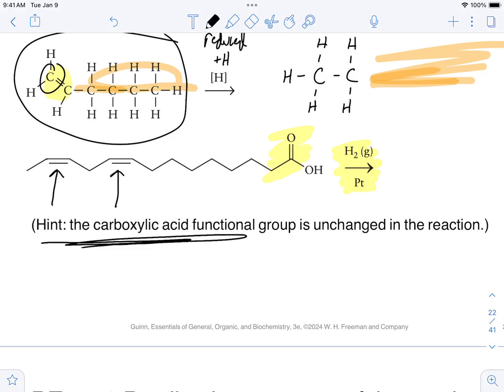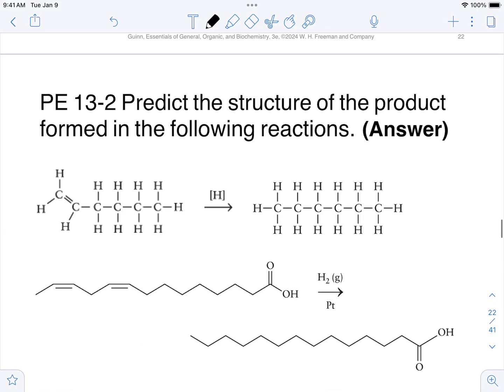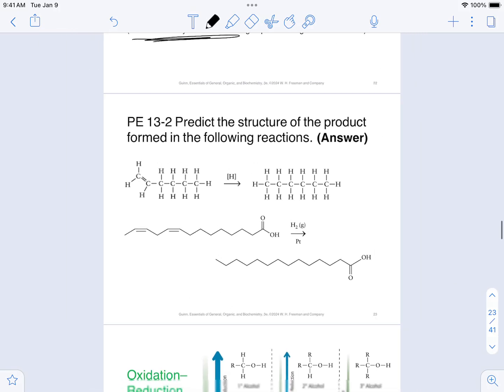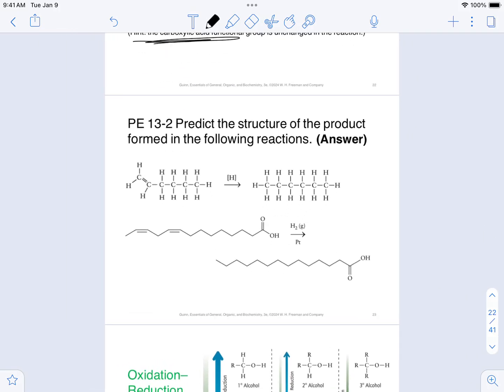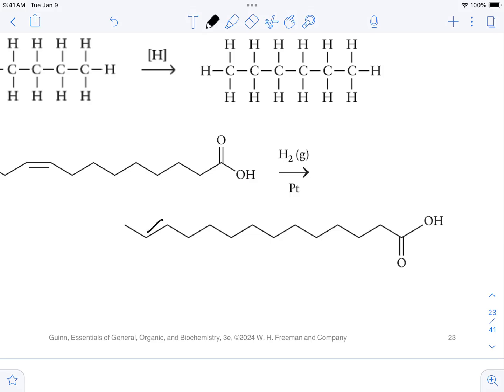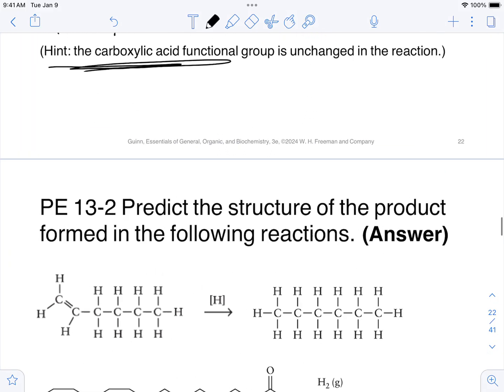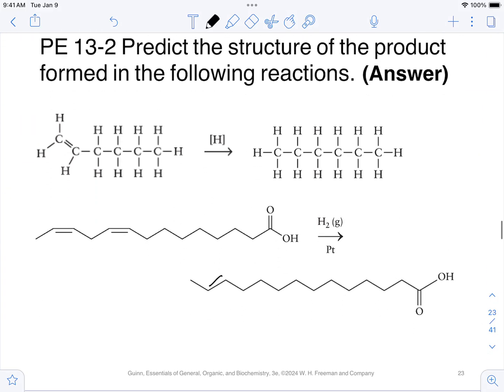And then instead of this C, which currently has 1 H, and this C, which has 1 H, and this C, which has 1, they will now have 2 H's. That will become an alkane. So you can see the C's, which were here and here, I believe.